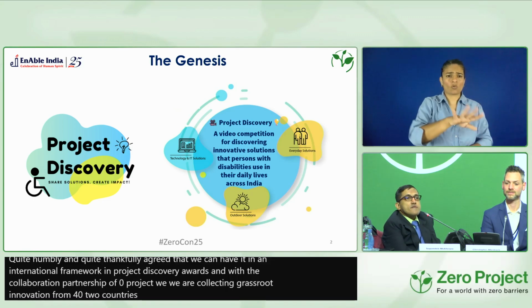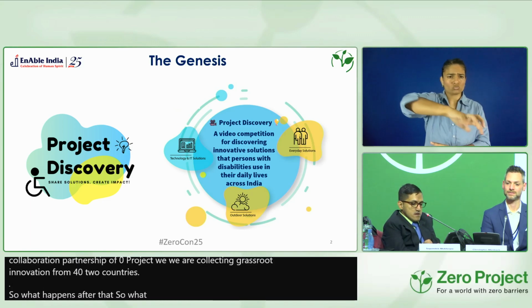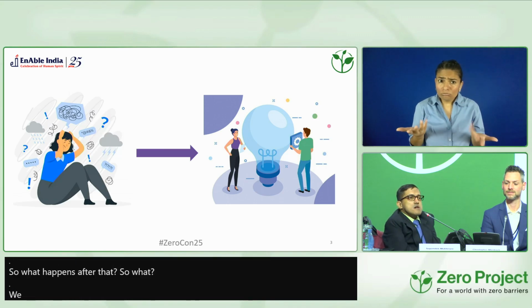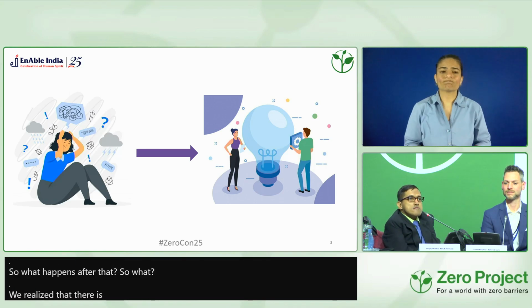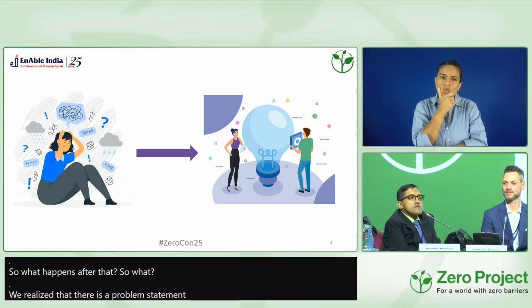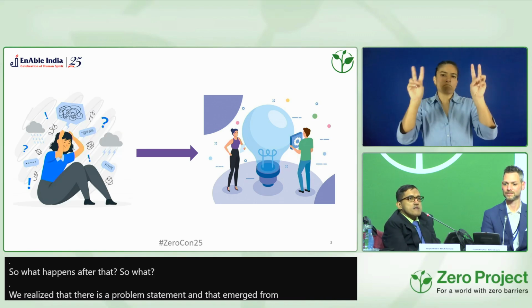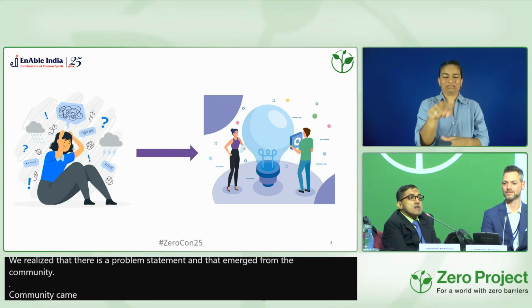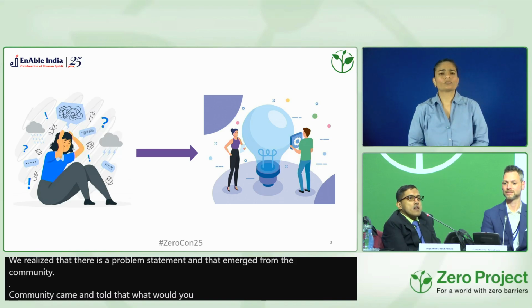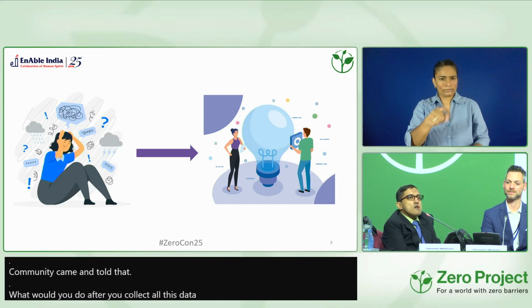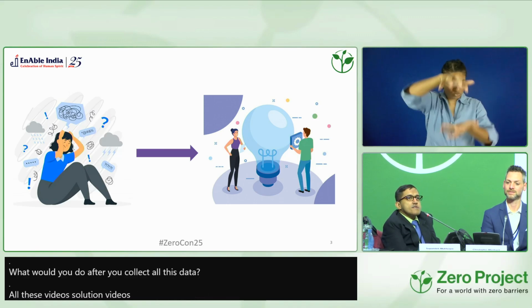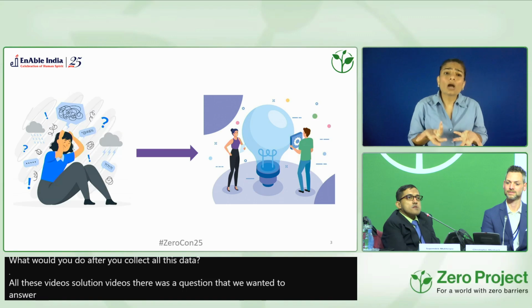So what happens after that? So what? We realized that there is a problem statement, and that emerged from the community. Community came and asked what would you do after you collect all this data, all these solution videos. There was a question that we wanted to answer, but we didn't have an answer.